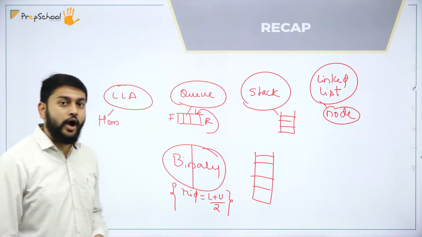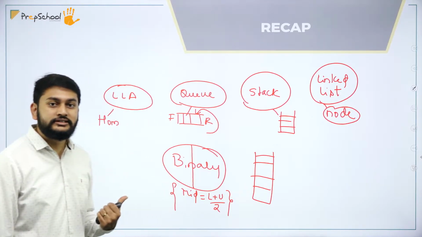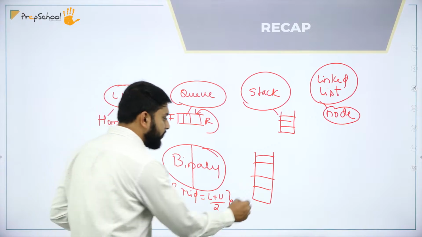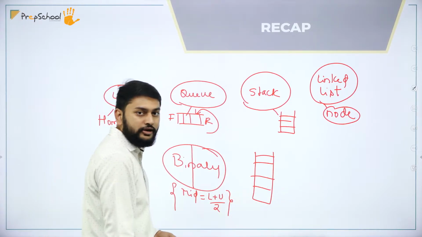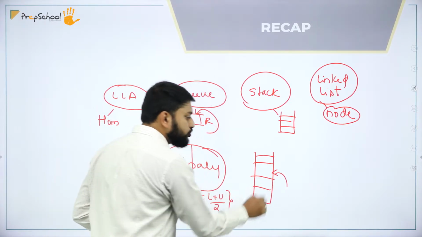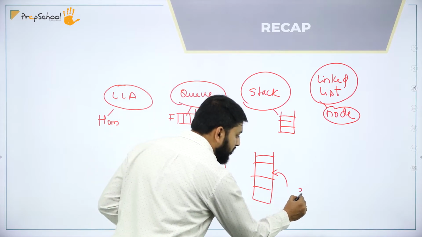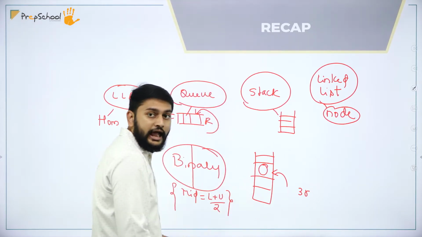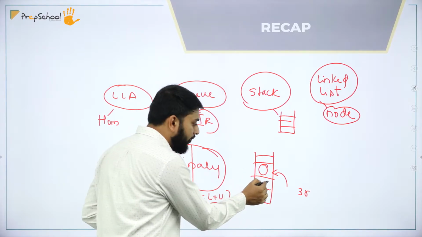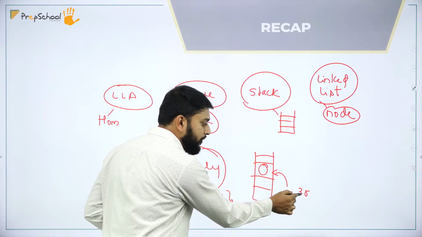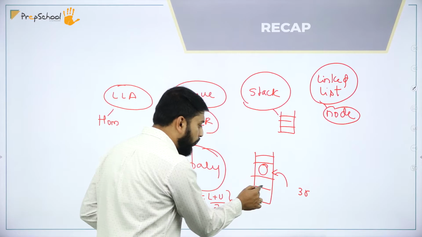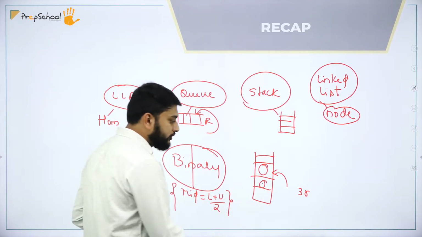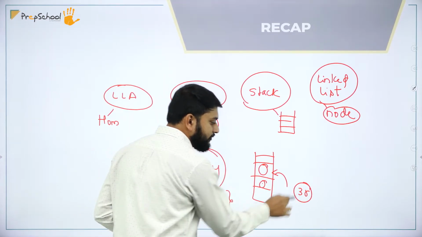So guys, how do you insert an element into this array? Please observe, suppose I want to insert an element here. What will I check? My item is 35. So this item should be greater than the item that I have here, and the item that I have here should be greater than this.